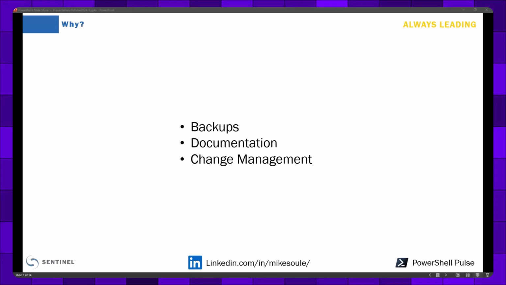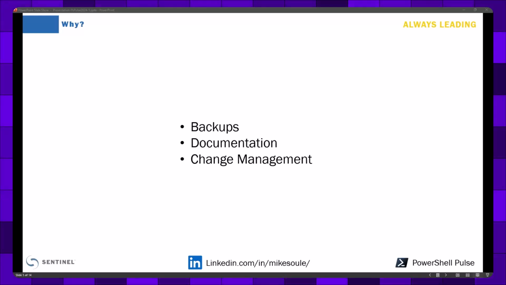And those may not be very well documented. They may not be in a state where we could say, hey, if that vendor accidentally lost those changes, we could restore them. And not only that, if we're making these changes, how are we documenting them and making sure that going forward, our broader team is informed about them? So that's why we're doing all these steps.